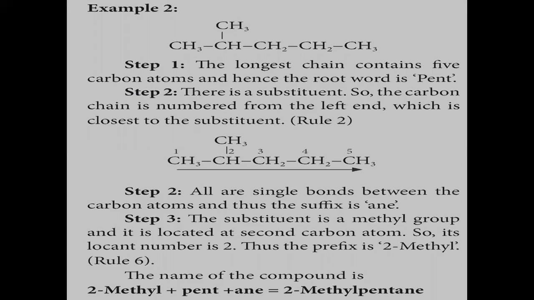Totally 5 carbons are present. So the root word is pent. But this compound has a substituent, that is CH3. There is no functional group, only a substituent. So CH3.